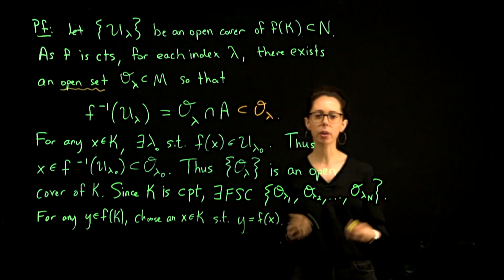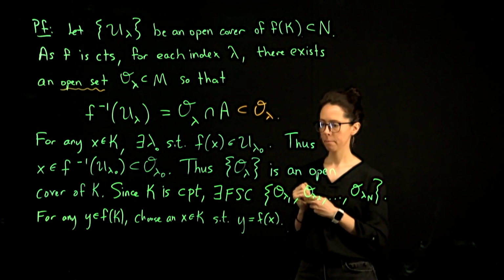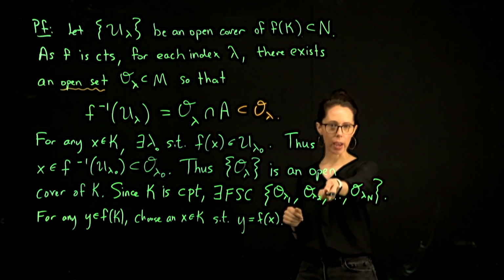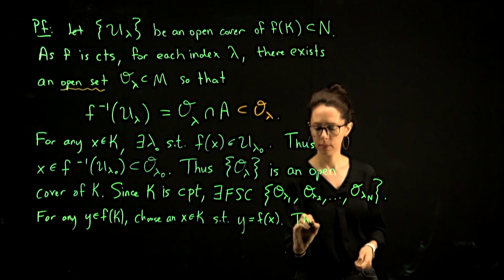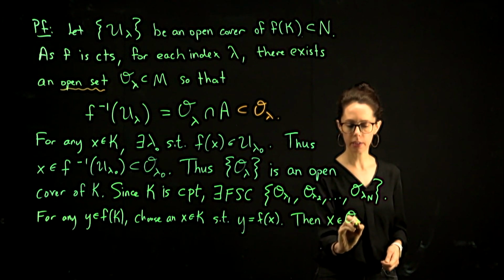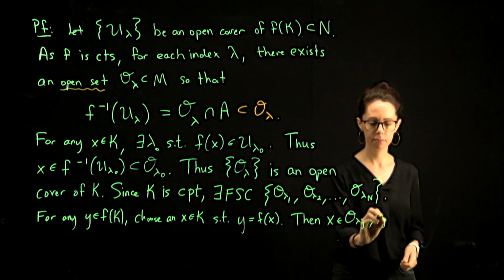Maybe there's just one input, or maybe there are 10, but grab an input that gets sent to y. Then x must live in, say, O lambda j, where that's maybe here. x is in O lambda j, where j is some number between 1 and capital N.